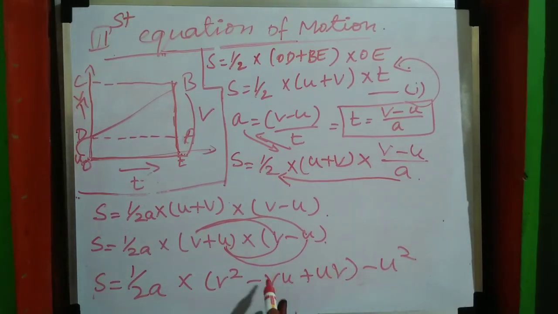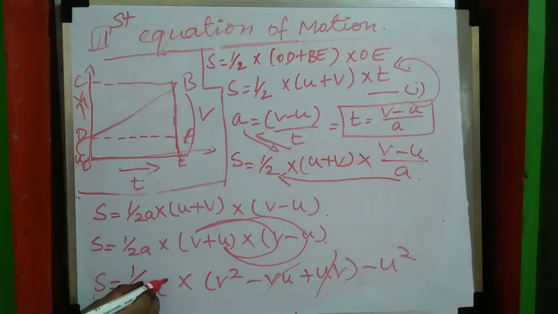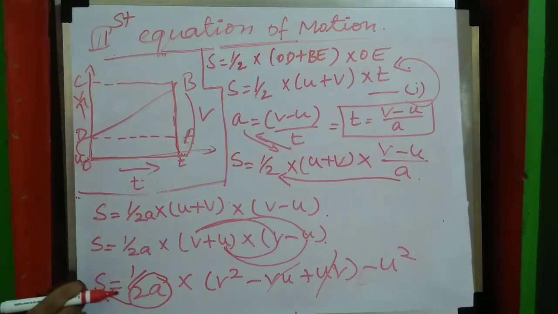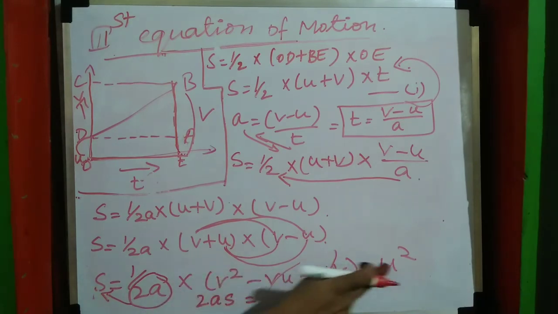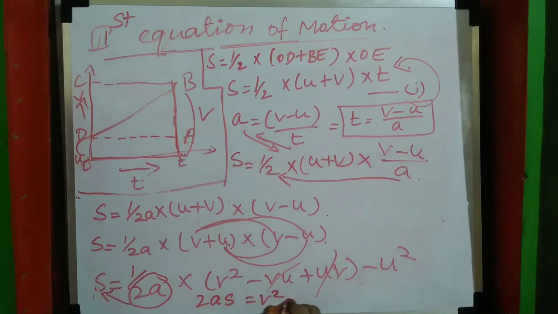Cancel these two values, minus vu plus uv, and this 2a goes to the other side, changing to multiplication. So write this value. 2as is equal to the remaining value, v square minus u square.